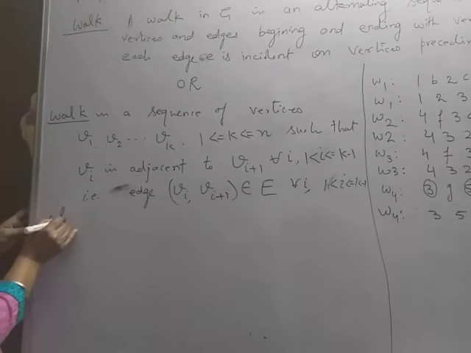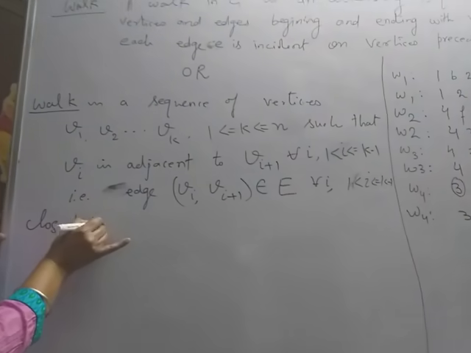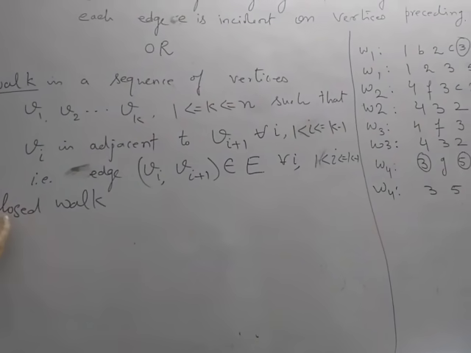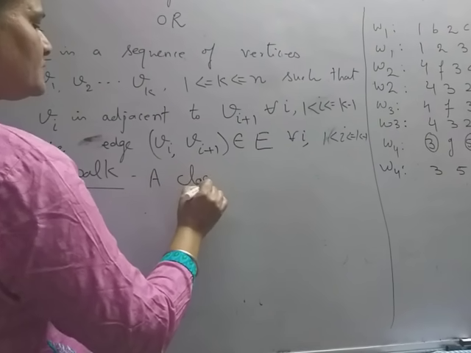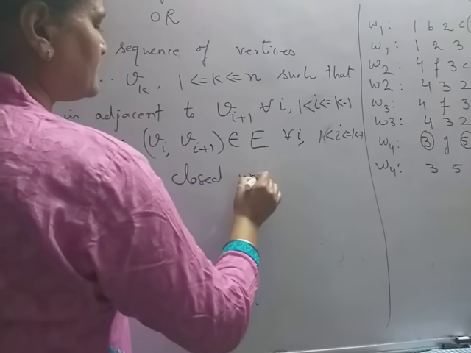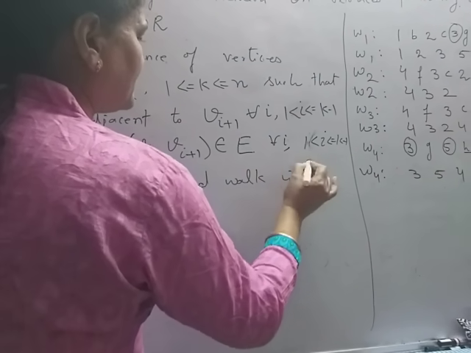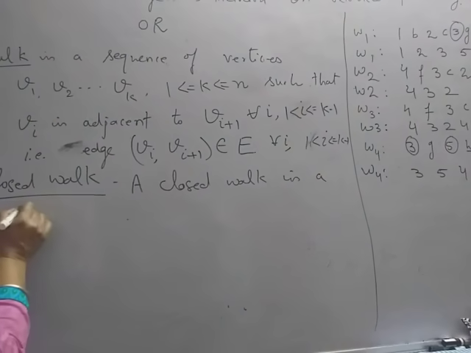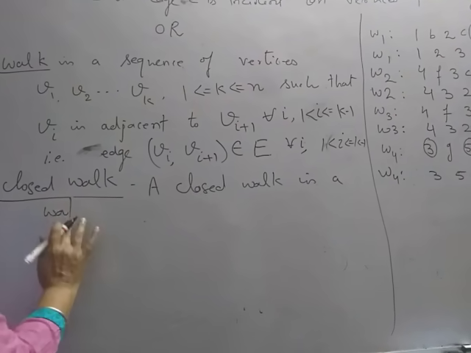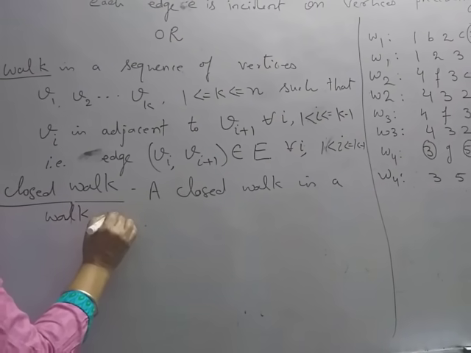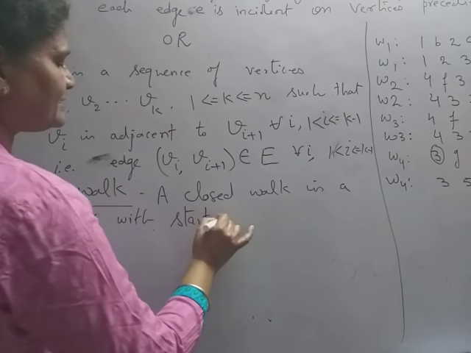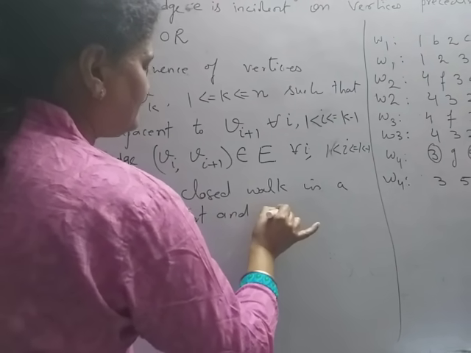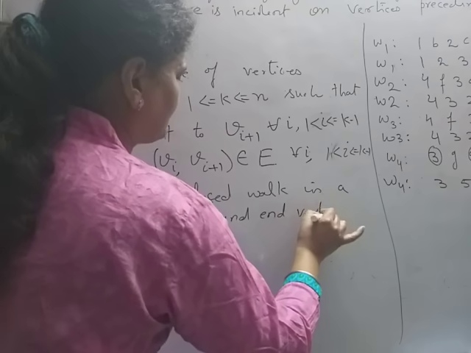This is the definition of a walk. Now what is a closed walk? A closed walk is a walk whose start and end vertices are the same.